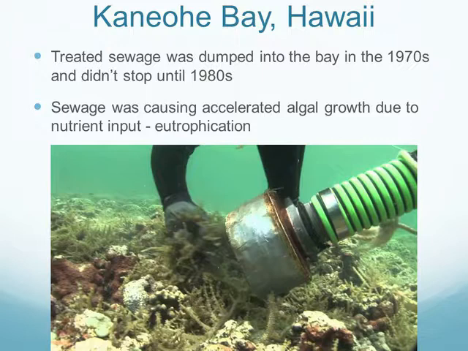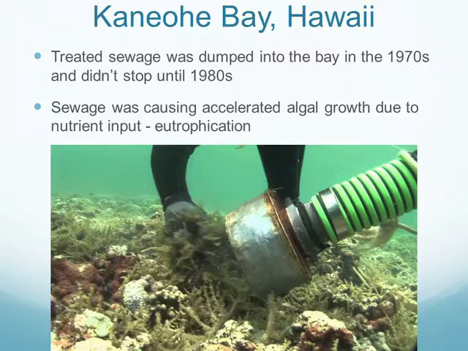Before the sewage was dumped into the bay, Kaneohe Bay was a huge sanctuary for fish and coral and other organisms. My dad used to tell me stories about how beautiful it used to be. But once they started pouring sewage into the bay, what happened was nitrification or eutrophication occurred.